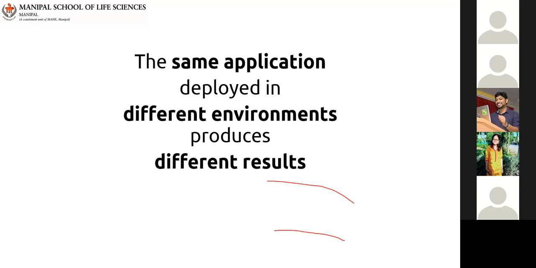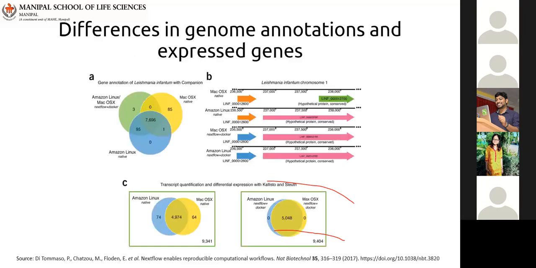If you go back, there's a study published in Nature Biotechnology, where the NextFlow group itself published the study, and the entire tenet of NextFlow being developed is based on this study, where, for example, the annotation of genomes using the companion pipeline gave a different set of results in a different computational setup.